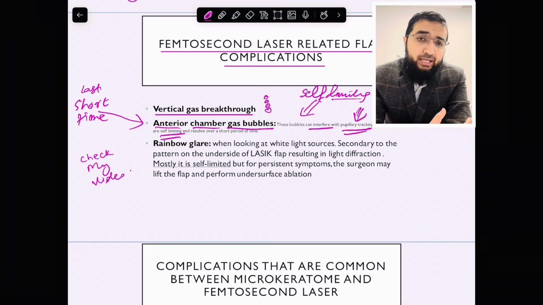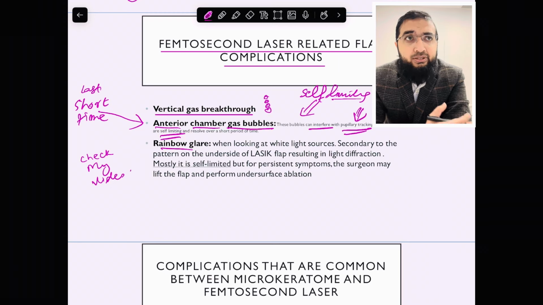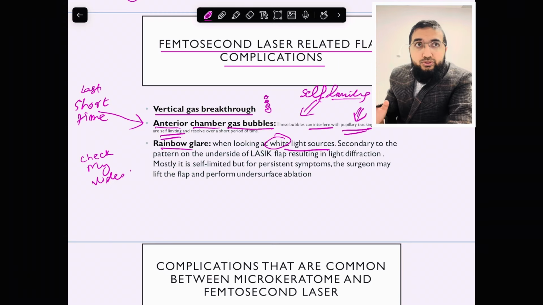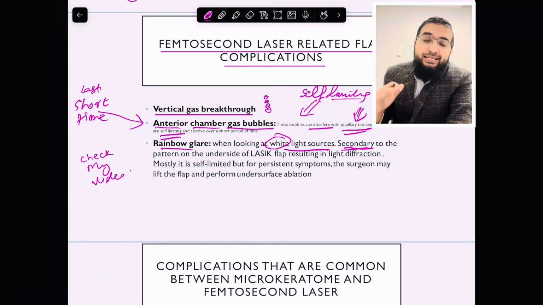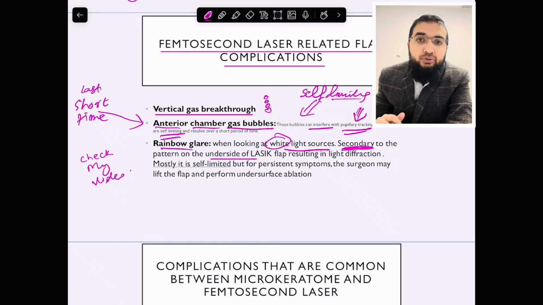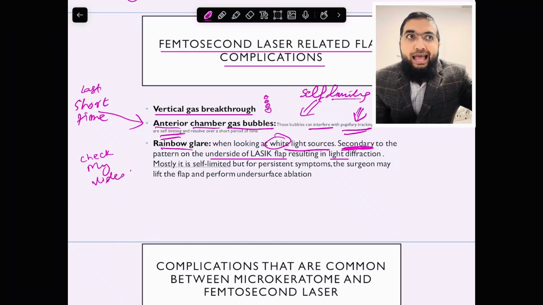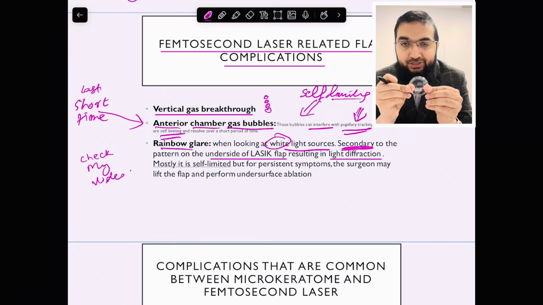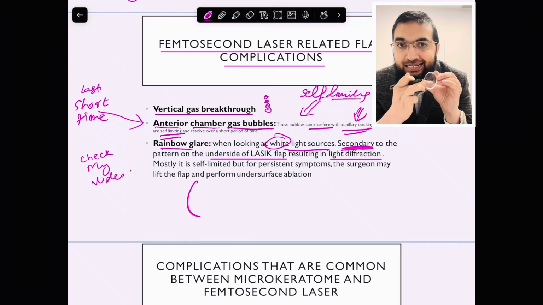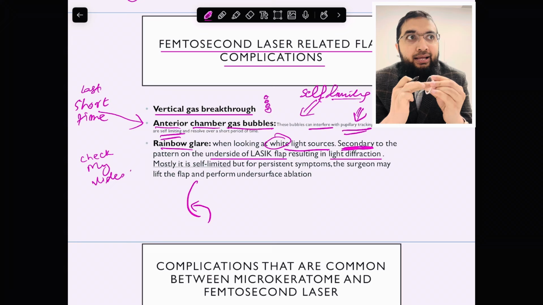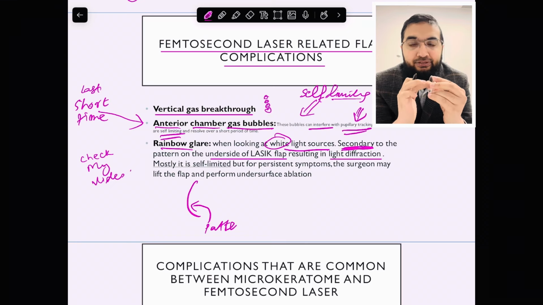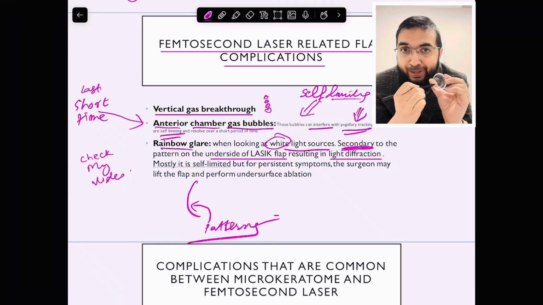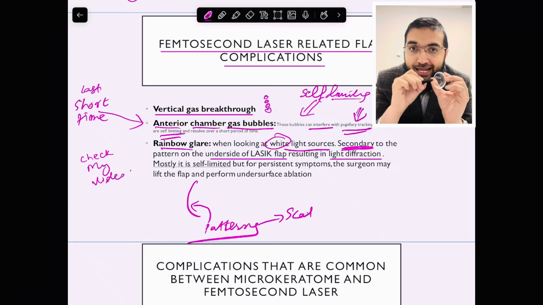And the rainbow glare effect actually comes when you're looking at a white light source, and it happens secondary to the pattern on the under surface of the flap. The LASIK flap that you're forming during the surgery, let's say this is your LASIK flap, for the sake of description. The under surface of that flap has a specific pattern forming from the LASIK surgery itself, and those patterns are causing the lights to scatter.